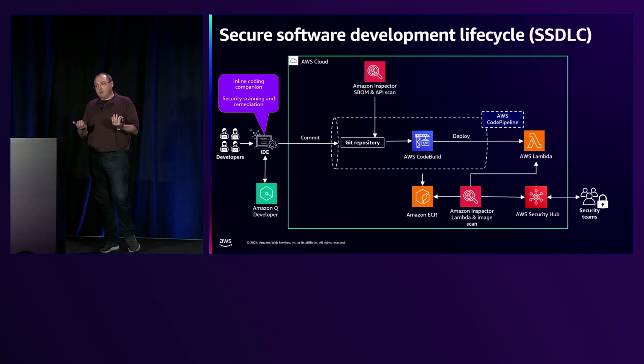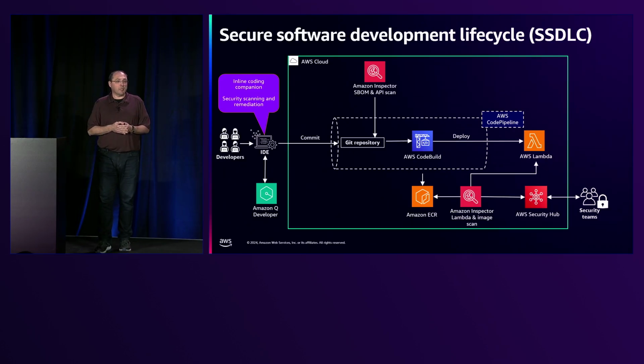If folks are security professionals here, you can say, well, this is a developer on their laptop. I don't have full control over that environment, and so I want more control to be able to make sure that the code going into our company's systems and into production is secure. So after the code leaves the laptop, that's where I really want to take over, and that's where we have assistants that help with the rest of this process.